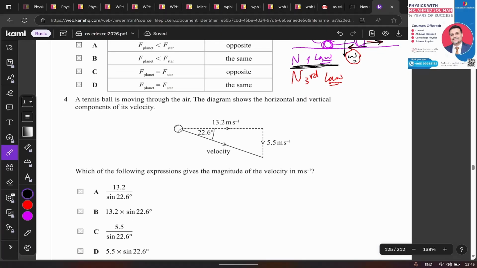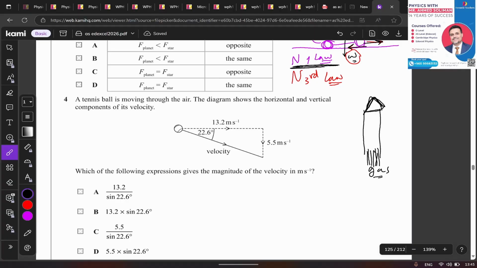What about the rocket, Mirola? How is the rocket moving up? By the gas pushing downwards. So where is Newton's third law in this case? Gas is pushing downwards on the surface of the Earth.